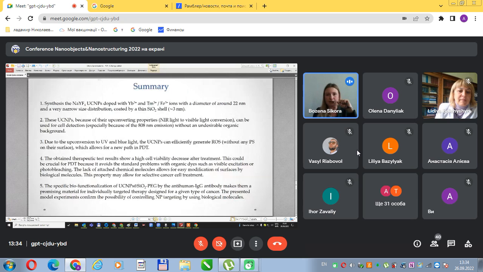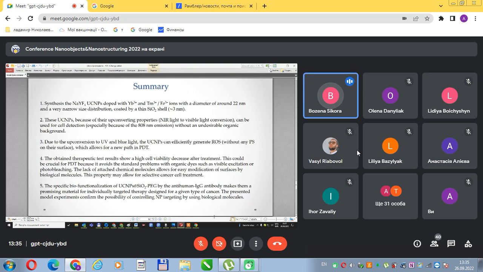To summarize, we obtained the sodium yttrium fluoride nanoparticles doped by ytterbium, thulium, and erbium ions, with the 20 nanometers of the size and very narrow distribution. These nanoparticles, because of their upconverting properties, can be used for the cell detection without any organic background, without any autofluorescence in this region.